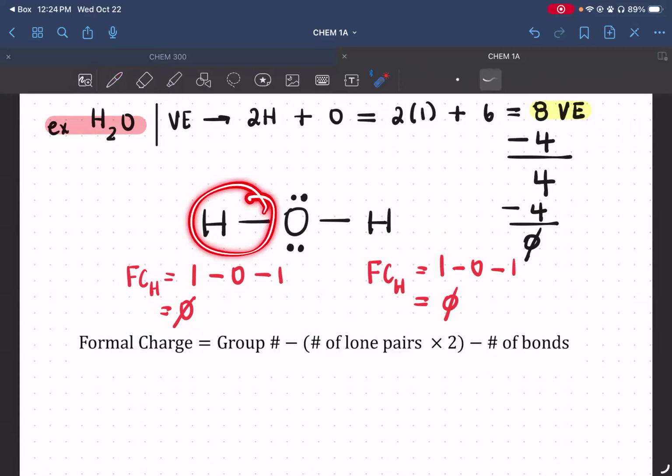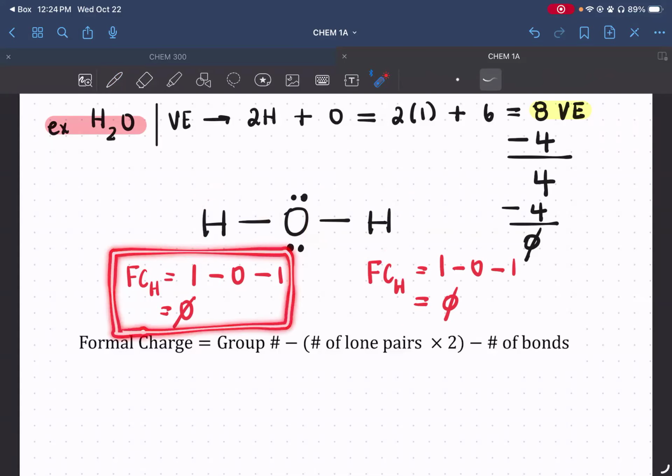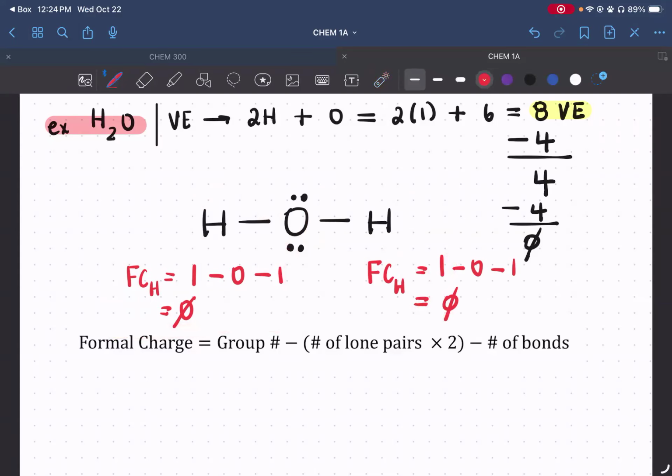These two hydrogens are identical. So once you calculated one set of formal charge, you didn't need to do it for the other because they'd be the same. Now let's calculate the formal charge for the oxygen. Oxygen, this is the tough part now. Oxygen is in group 16.